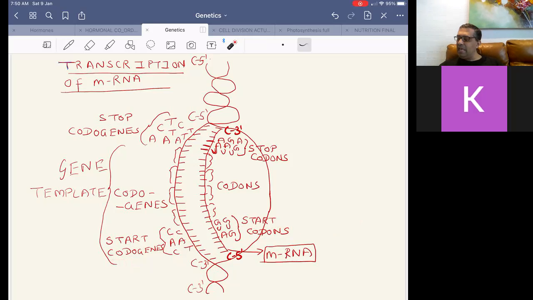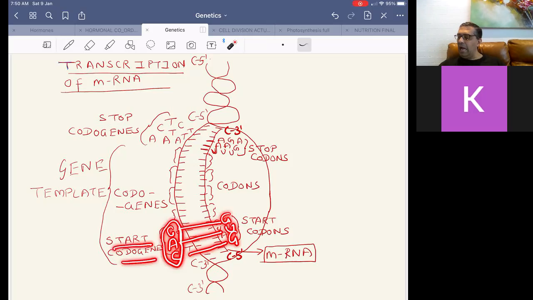Sometimes TAC is absent, and instead of TAC, CAC is present. Then what will C attract? G. What will A attract? U. What will C attract? G. Then CAC will become the start codogene and GUG will become the start codon.